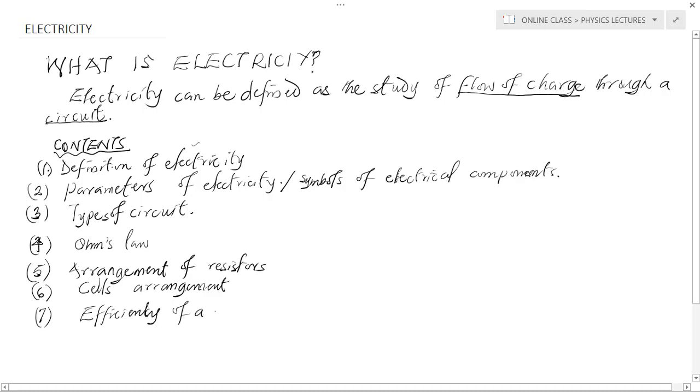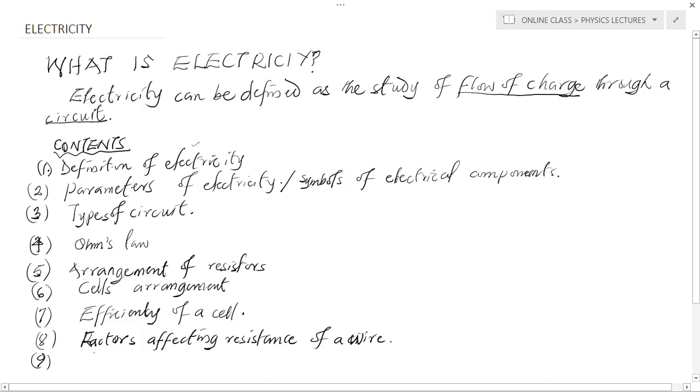Then we discuss factors affecting resistance of a wire. That one will lead us to resistivity.